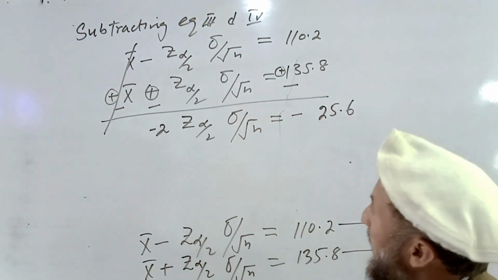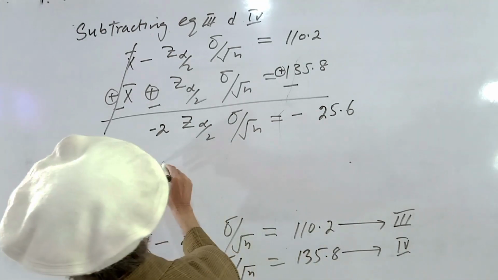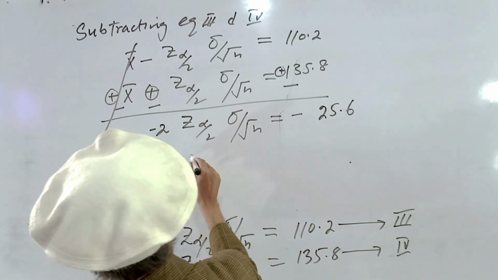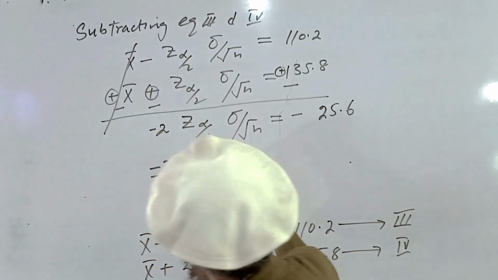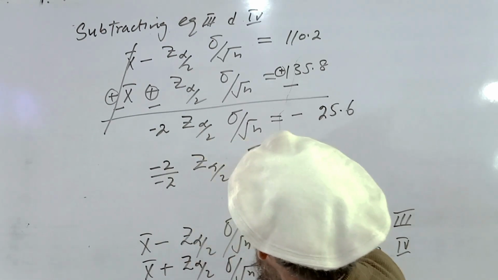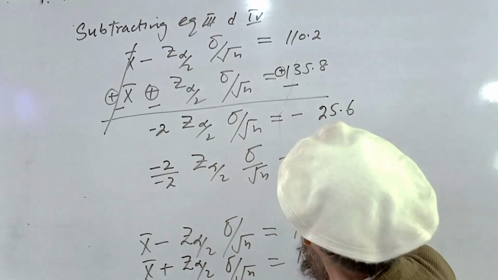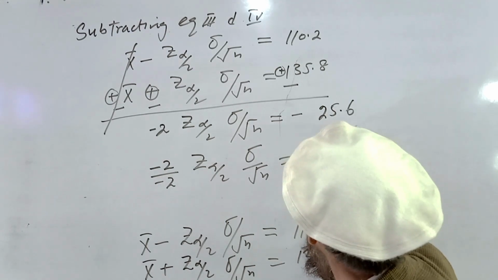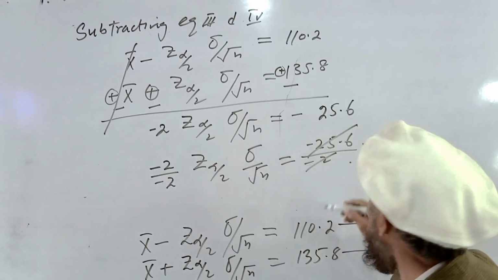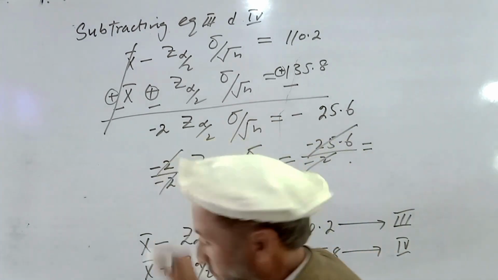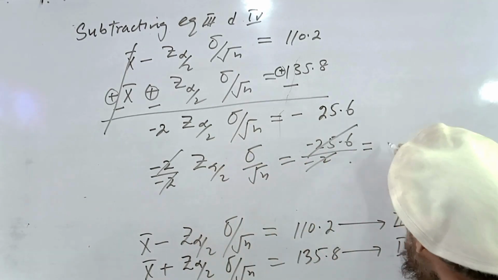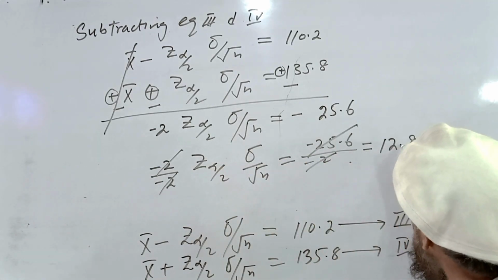Now we divide both sides by minus 2. Both signs cancel, and we get the answer 12.8.